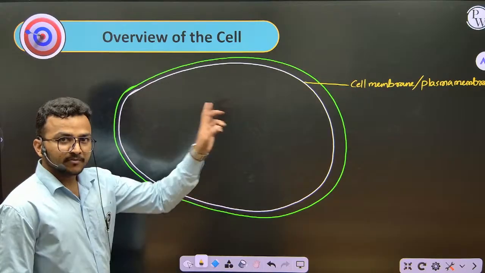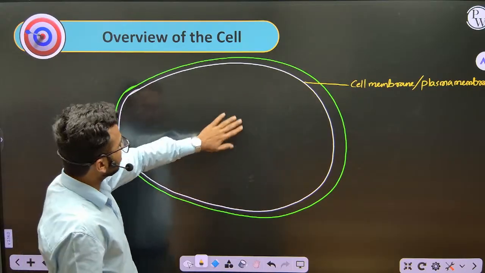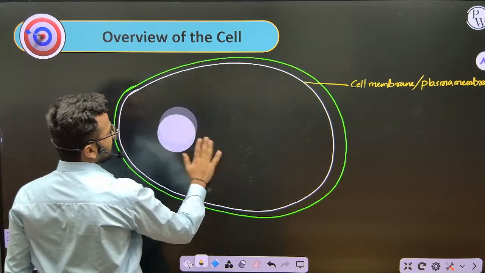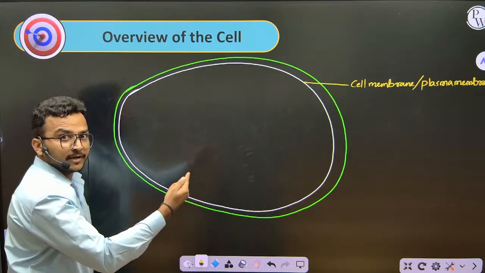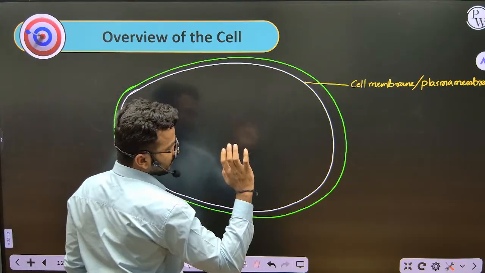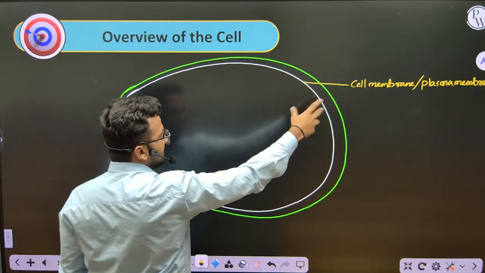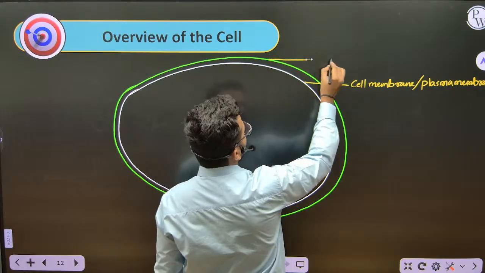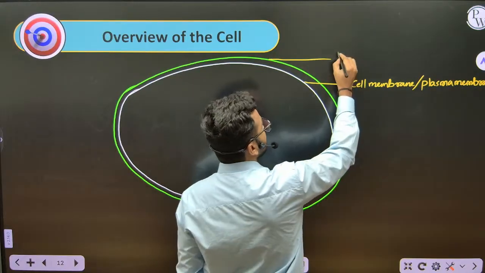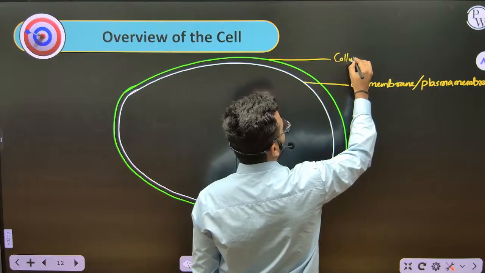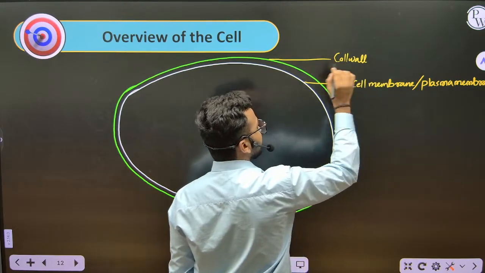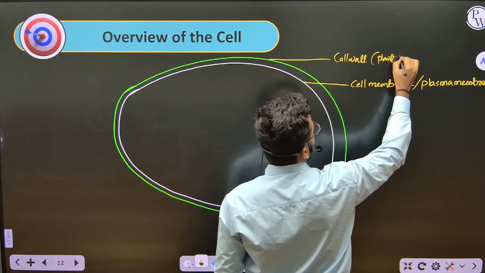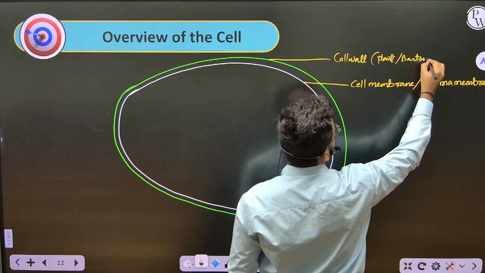Cell membrane and plasma membrane are both the same. If it is a plant cell, it will have one more extra envelope upon this, the cell wall. Cell wall will be seen in a plant cell or in a bacterial cell.